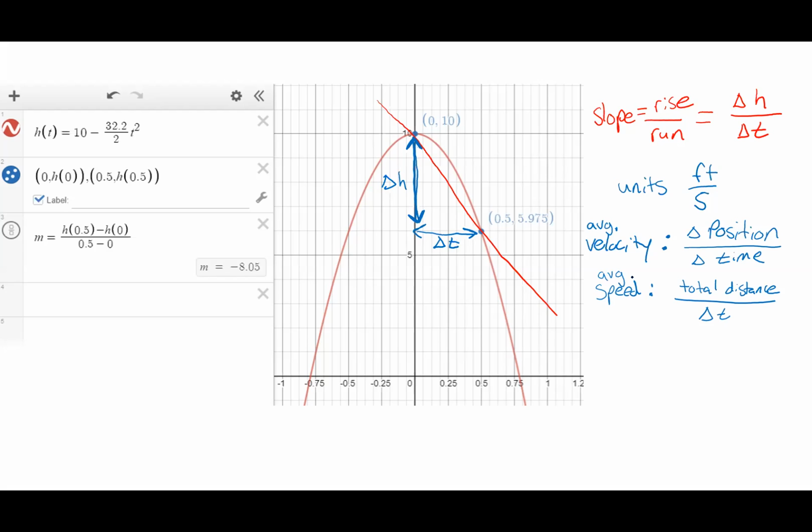So if I died where I was born, my average velocity over my whole lifespan would be 0. That wouldn't be my average speed, because speed is talking about my total distance, and I've definitely traveled more than 0 feet throughout my whole life. Does that make sense? Difference between average velocity and average speed?